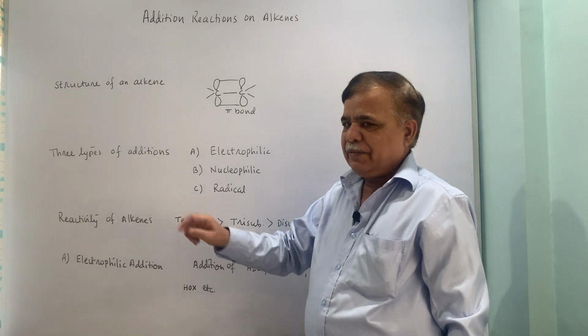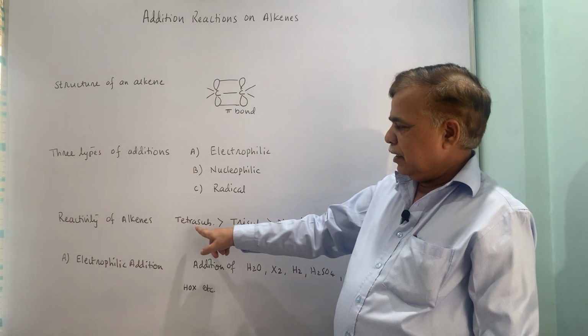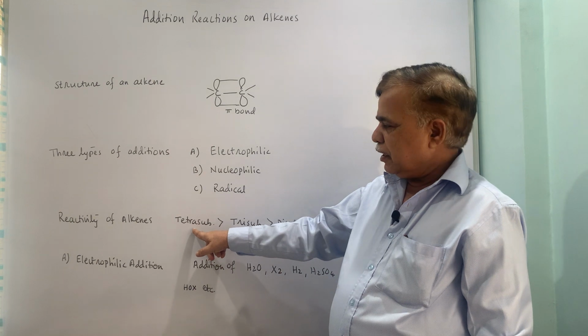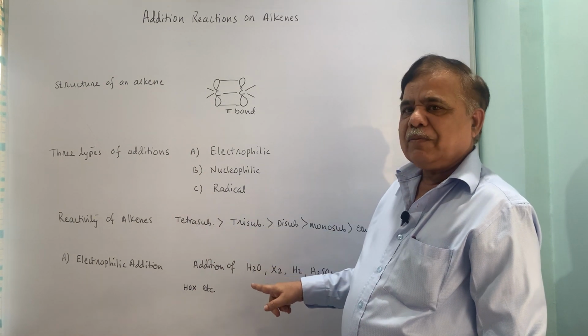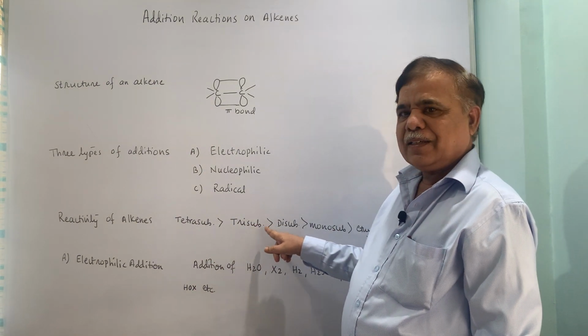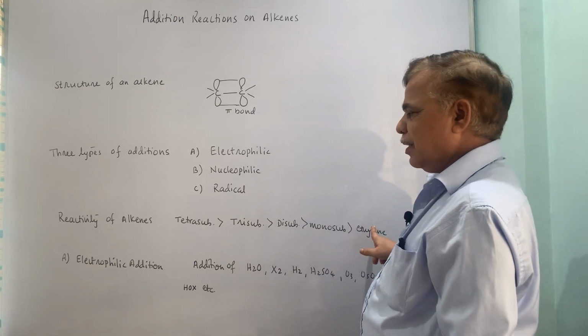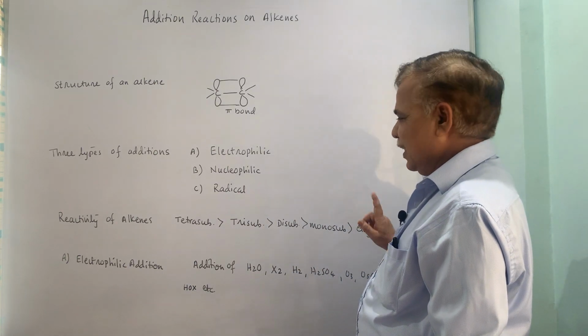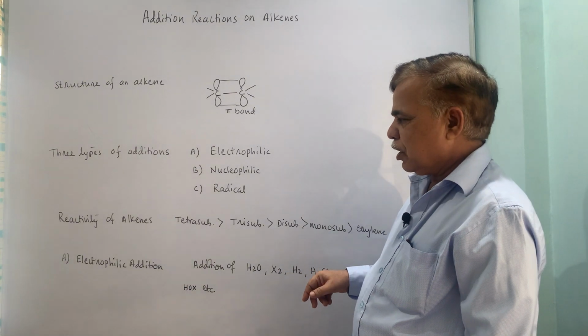If you look at the reactivity of alkenes according to the substitution pattern, tetra substituted alkenes are more reactive than tri, then di, then mono, and last comes ethylene, which is unsubstituted.